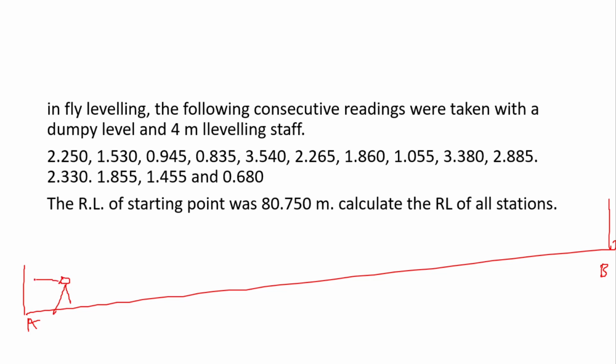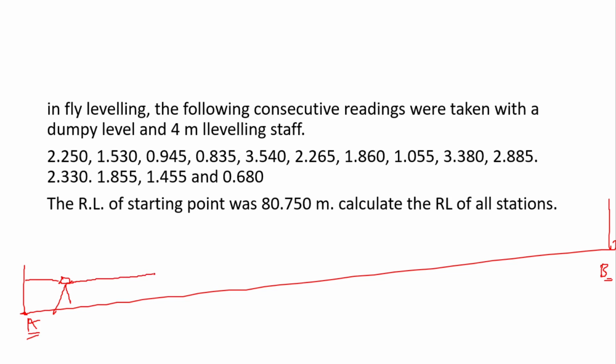These stations are not intervisible. Our target is to calculate the RL of B, and we know the RL of A. So we will start to go towards B, in such a way that we don't require the intermediate stations' readings.